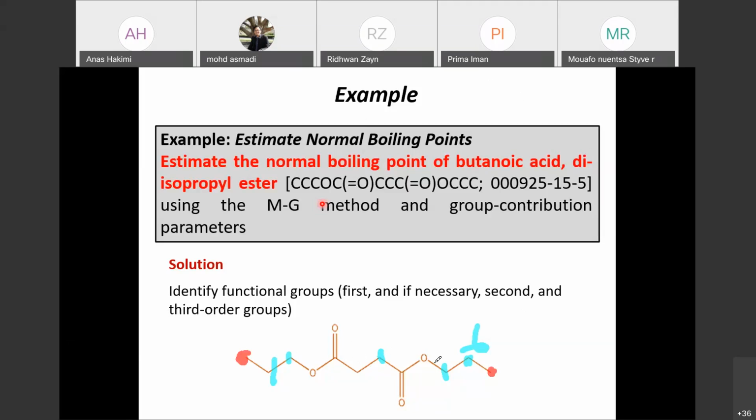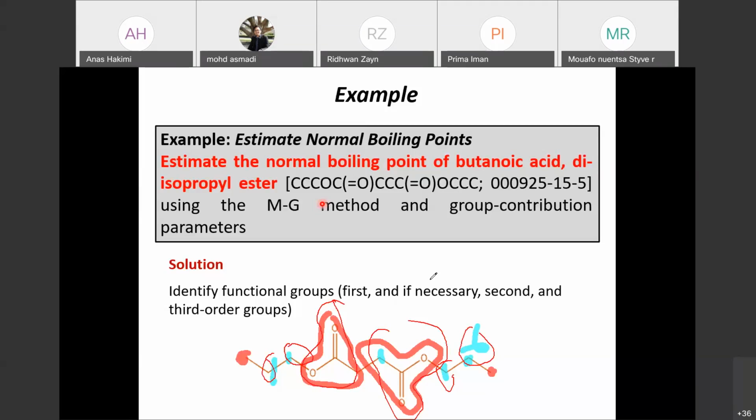And then CH3COO. Oh, this one is combined, CH3COO. So it should be 4 for CH2, not 6. This one: 1, 2, 3, 4. Because we have this other functional group, CH3COO, which is a primary group. Sorry.